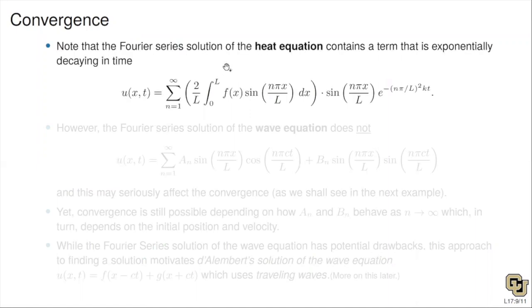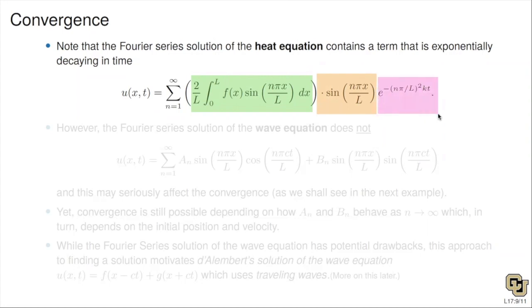As I mentioned, here I wanted to throw up the heat equation by way of review. This is the formal solution to the heat equation. Remember, this term is a constant, using f of x as the initial condition. Here's the familiar term that occurs in our wave equation solution, but then here's a term that does not occur in our wave equation solution.